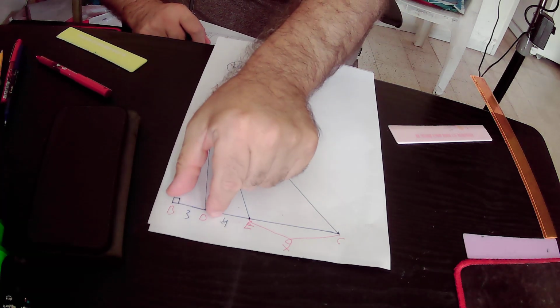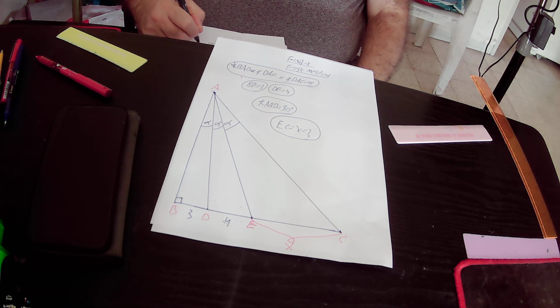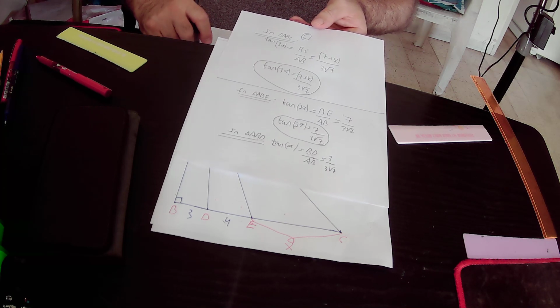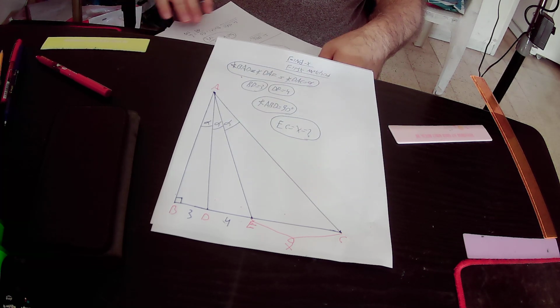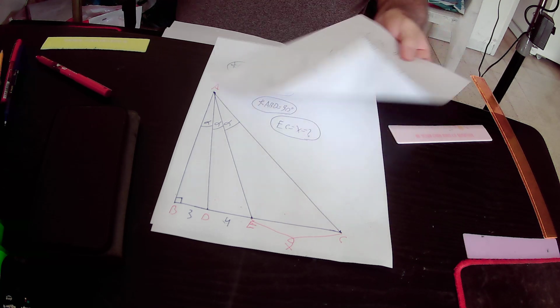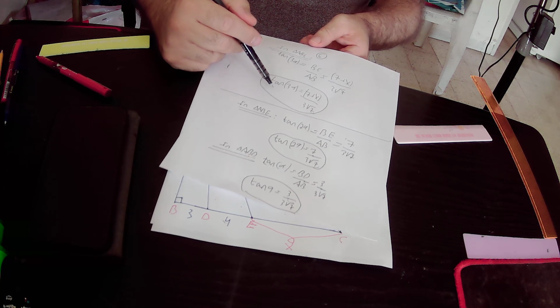What is the value of BD? BD equals 3 units. And AB equals 3 times root 7. So in total we found that tangent alpha equals 3 over 3 times root 7. So we actually found out the values of tangent alpha, tangent 2 alpha, and tangent 3 alpha. Okay?